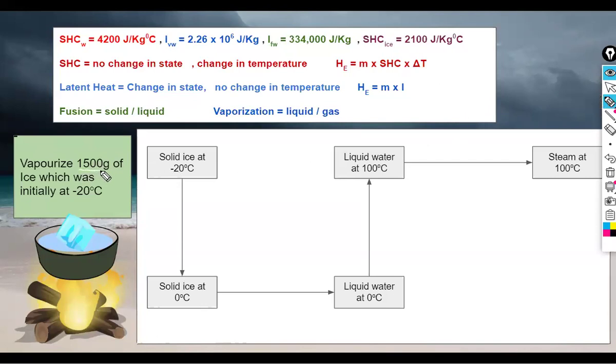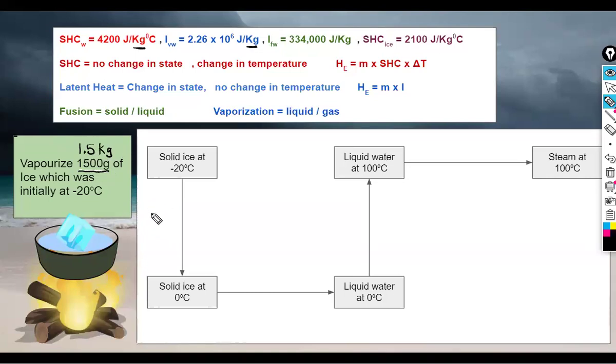Also, you will notice that the mass was given in grams, but all the values up here, like specific heat capacity and vaporization, latent heat, and everything is given in kilograms. So what you need to do is change this to kilograms, and I'm going to trust that everyone could divide by 1,000 to convert it to kilograms.